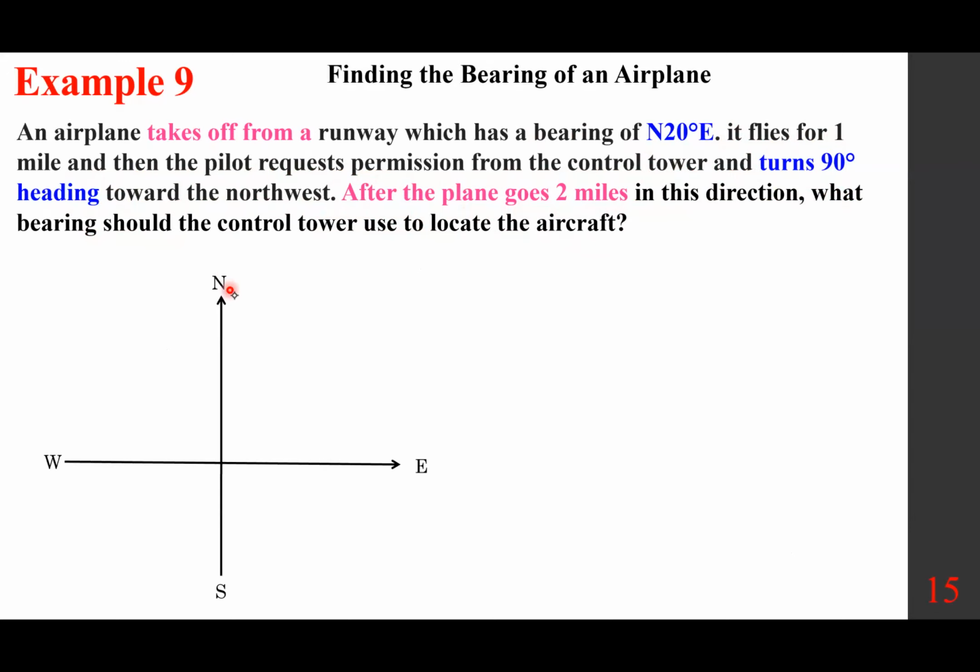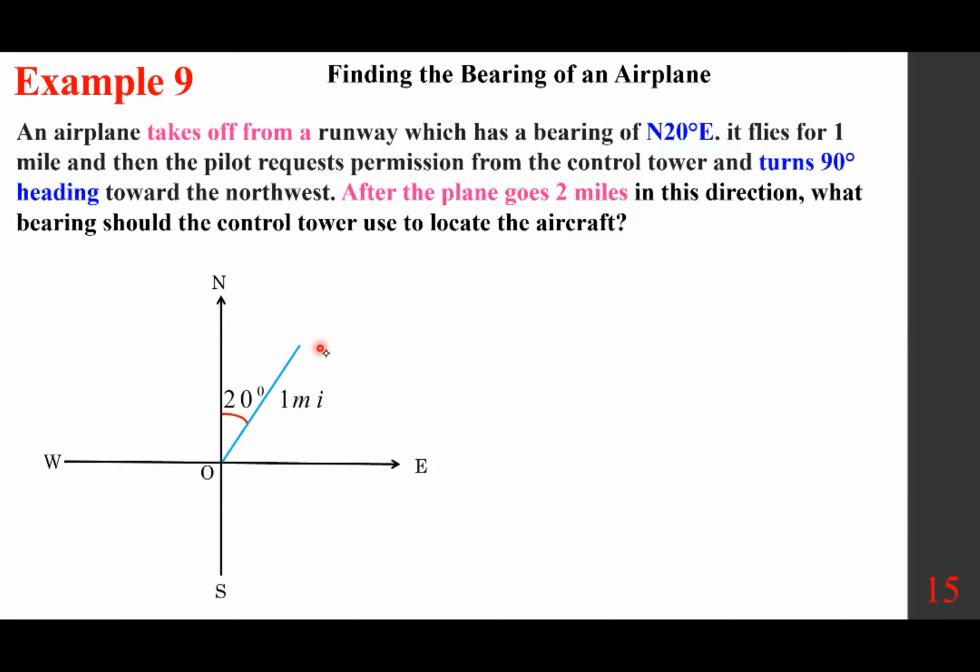North, south, west, east. So north, 20 degrees east. So this is north. East is to the right of north by 20 degrees. So this is the heading, 20 degrees, and we cover 1 mile in this direction.